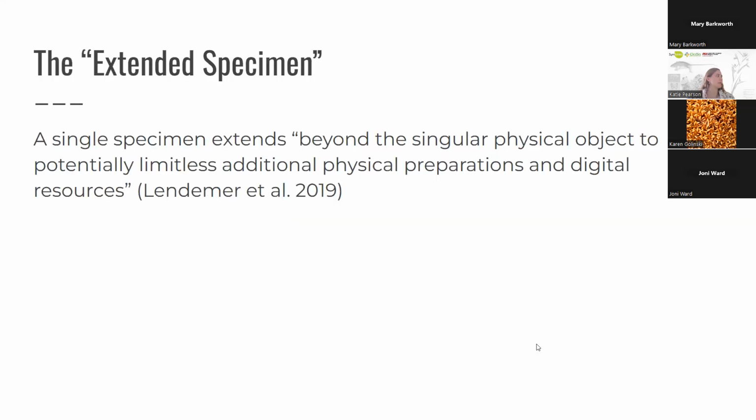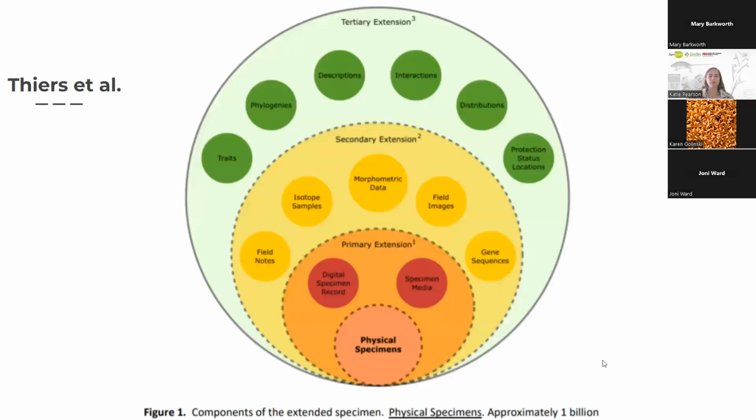As a review, the extended specimen is a concept that has come up in the last few years that talks about the specimen itself as being just one portion of the whole usefulness of a record. That specimen has a digital specimen record. It might have media associated with it.